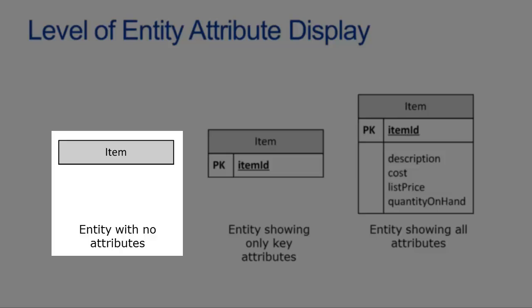This is usually used for conceptual data modeling. I may, for example, have an item entity. All I need to know is that an item entity is related to other entities in some way. I don't yet care about the various attributes that will become a part of the item entity.